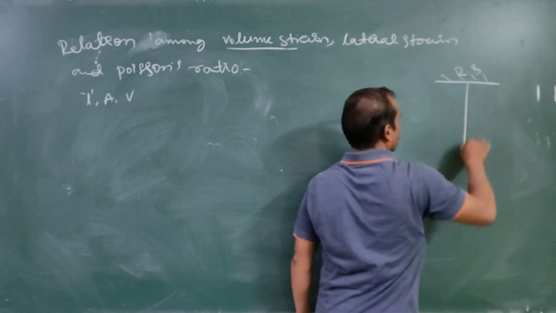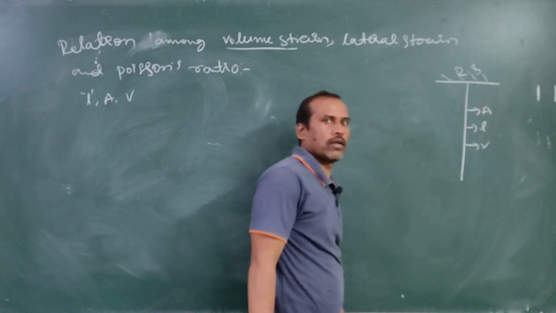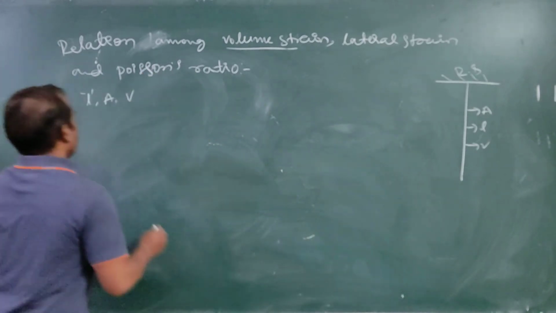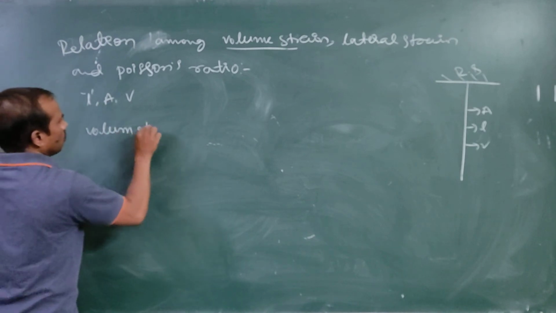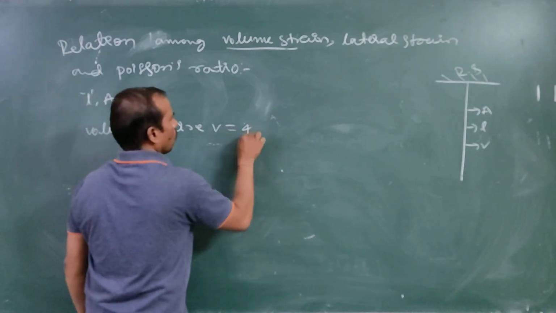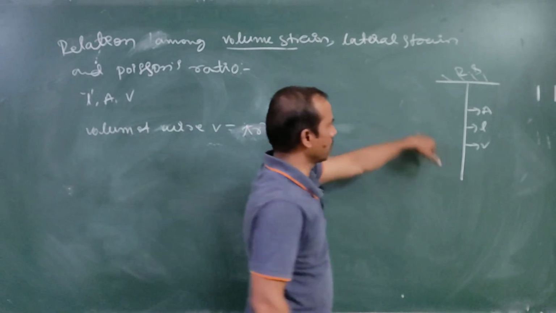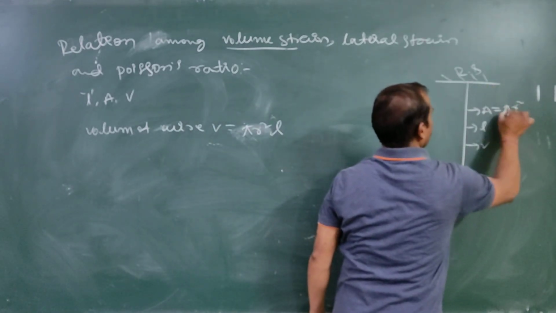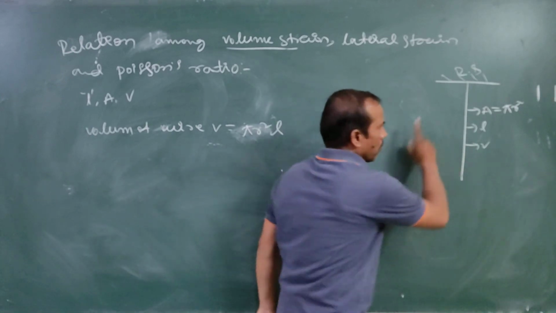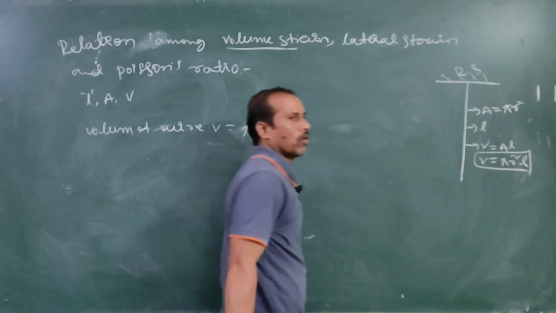This is the area of the wire A, the length of the wire L, and the volume of the wire V. The volume of the wire is A L, and the area of cross section is pi r square, so V is equal to pi r square L.